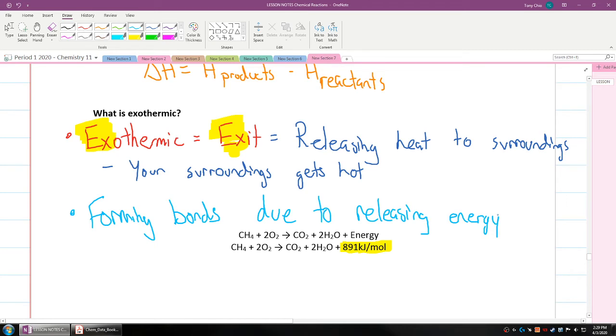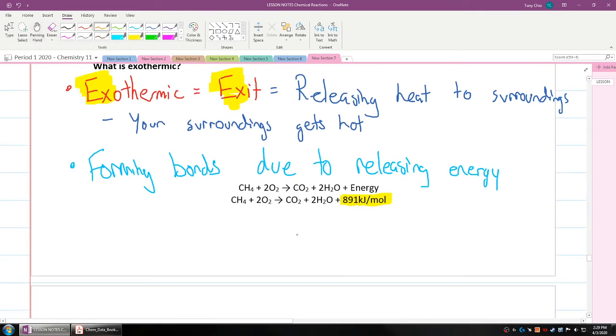Okay. Now this style of writing a chemical equation with energy, we call this a special name. We call this the thermochemical equation, because not only is it a chemical equation, it's showing you the energy involved now.